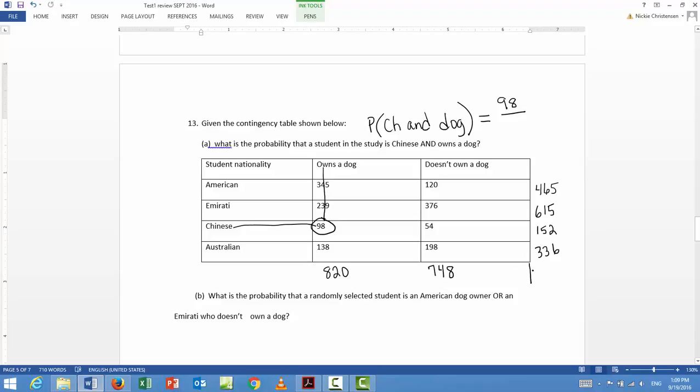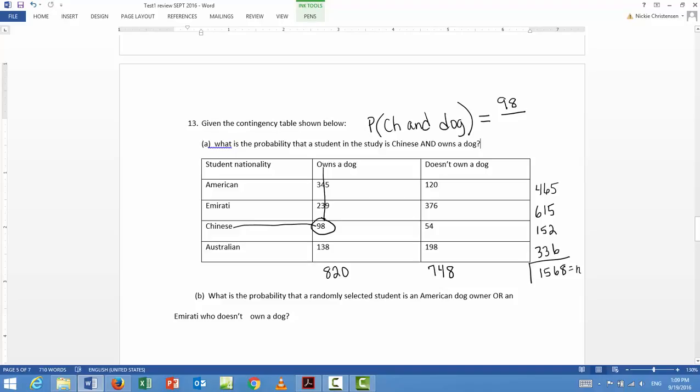Now the last step, I'm going to sum these four numbers. So the sum of these four numbers comes to 1,568. Now, just to be really careful, you really should check to make sure that these two numbers also sum to this amount, because that's our sample space.